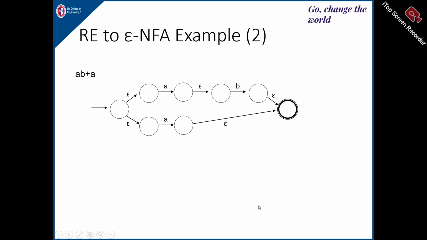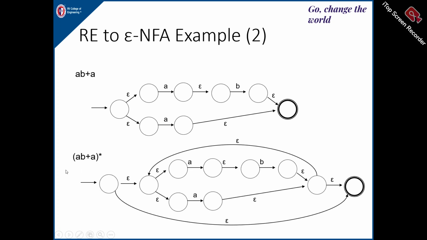Now I will take the next step, that is AB plus A. This is my AB, and whenever it is plus it is a parallel, so AB or A, where or is nothing but plus, is another path. Next is the whole star. So make one new start state and add an epsilon transition, and from the old final state add an epsilon transition to the new final state, and add one epsilon back to the machine of the previous stage.